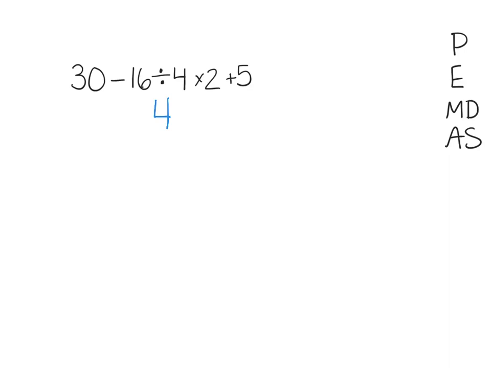Do one step at a time and write it down every single time, every single step, and I really, really promise with my entire life, it's going to be a lot easier for you and you're a lot less likely to make a mistake. So I do my one step, 16 divided by 4. I can change that to a 4. Now I'm going to write everything else the same. So 30 minus, and instead of 16 divided by 4, I change that to 4, times 2 plus 5.